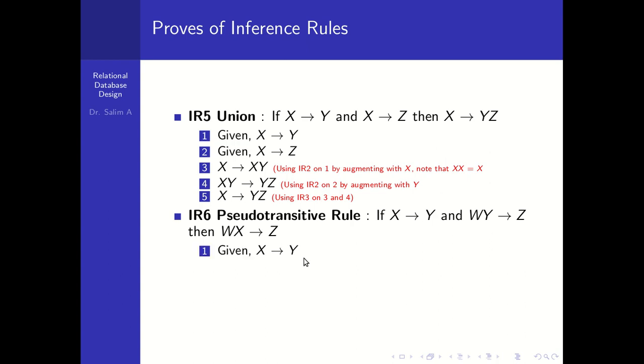Given X determines Y as well as WY determines Z, these two are given. Then by applying IR2 on the first one with W, WX determines WY.